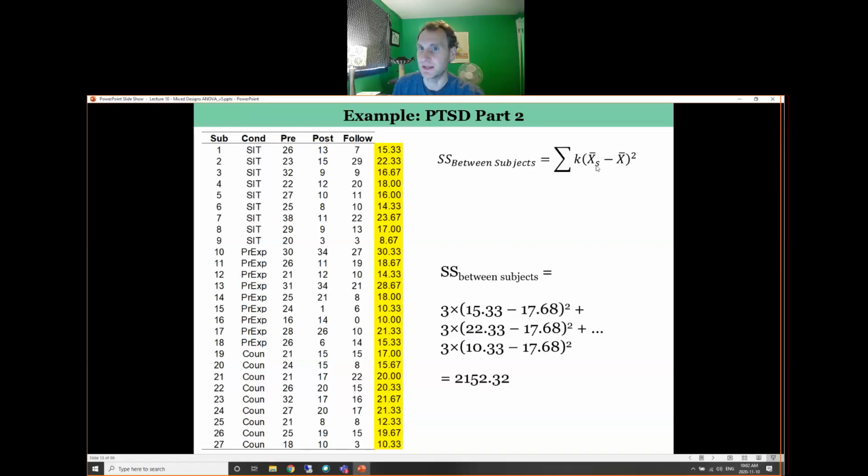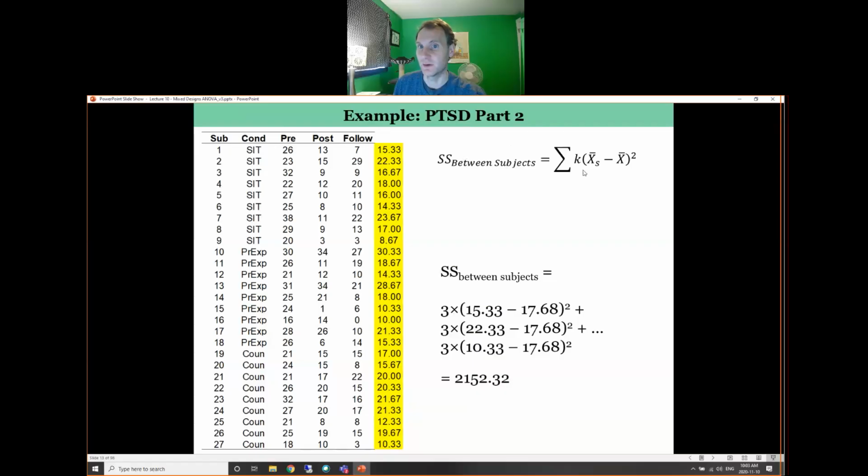Compute these subject means, x bar s. Subtract the grand mean from that value. Square the result. And now I have to remember to multiply by the number of observations that computes this subject mean. So that's K. Each person has 3 observations, 1, 2, 3.